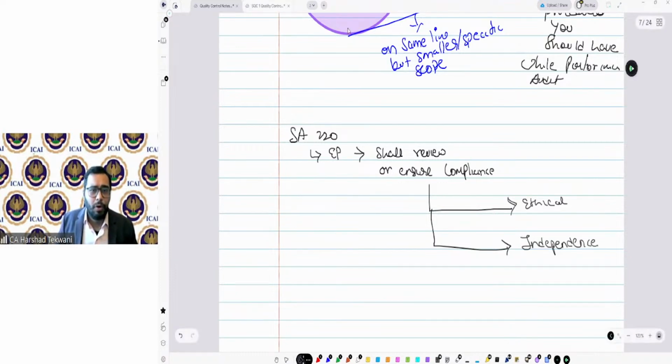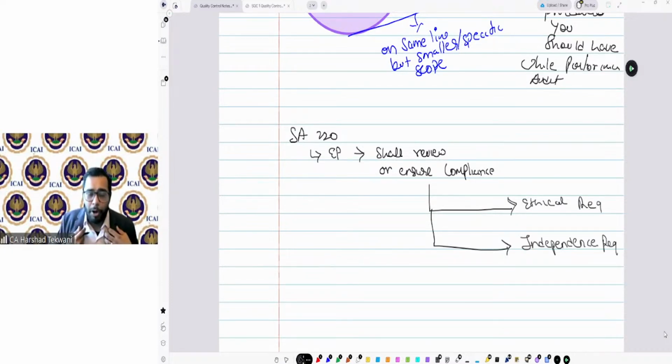So that is the role of the engagement partner. Now, the question is how he should do that. Let's say I am the engagement partner. How am I required to review compliance with the ethical requirements? How should I do that?